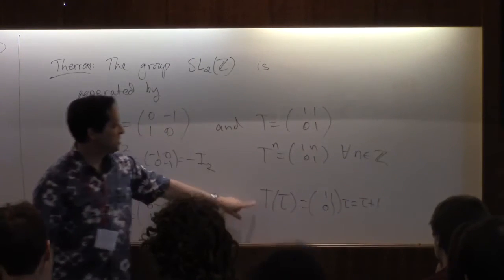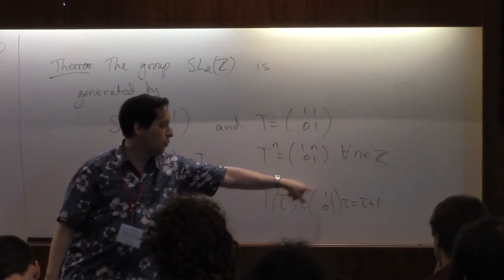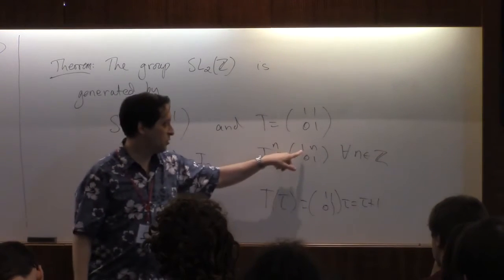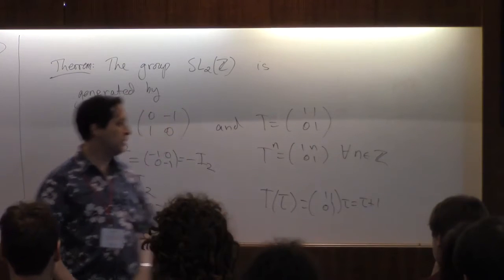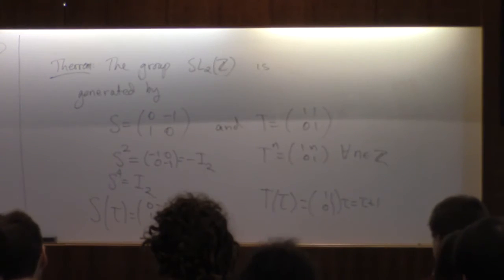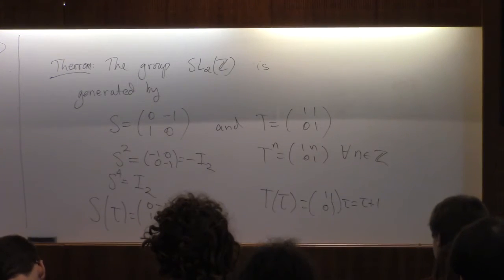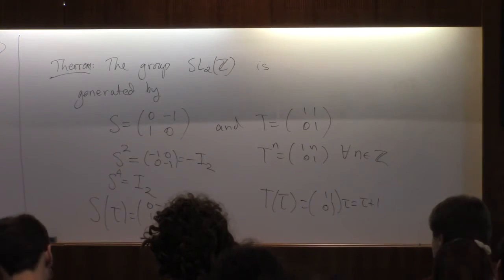So you see how for T to the n, instead of adding 1, you just add n, which is consistent with this, tau plus n over 0 plus 1. And if you use the effect of these matrices on the upper half plane, you can prove geometrically that this group is generated by these two matrices. So I'll defer to the lecture notes for that.